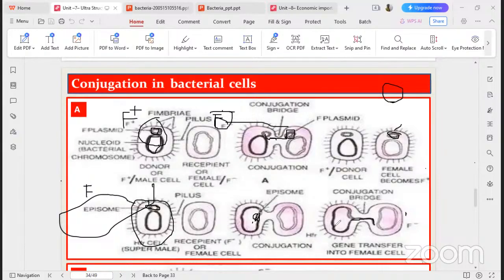So we call it HFR, high frequency recombinant.